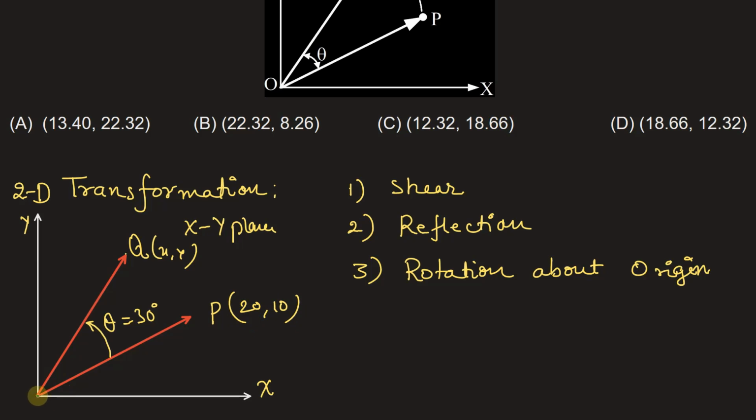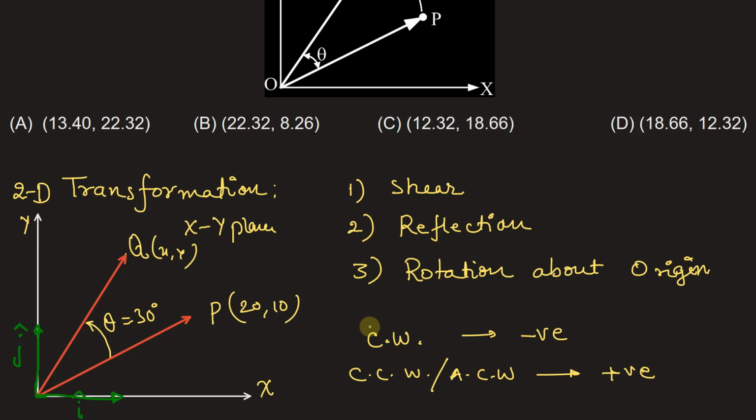The unit vector in the x direction is i cap, and in the y direction it is j cap. If the rotation is clockwise, we take it as negative rotation, and if the rotation is counterclockwise or anti-clockwise, we say the rotation is positive.